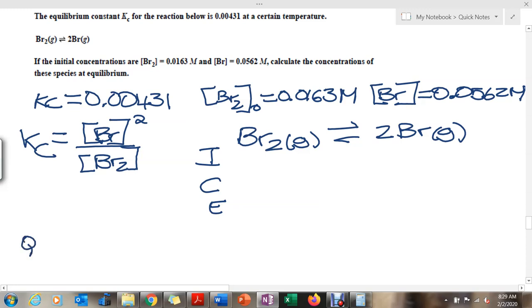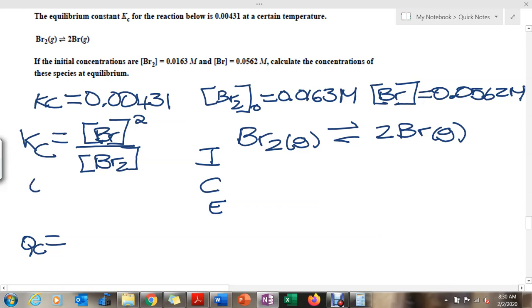Using the Qc to know if those initial concentrations will make the reaction produce more, for example, Br2 or Br. In other words, if you have very low of this amount, the reaction will go to the left to produce more, so it can reach the equilibrium. If not, it will go to the right to reach the equilibrium.